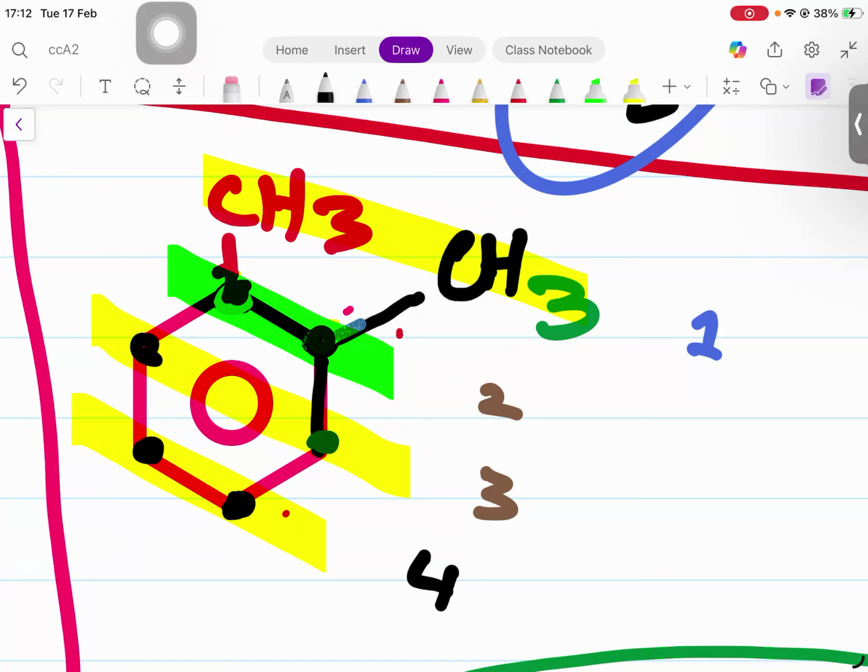The same and different. How is it the same? Can you explain? How is it different? Look at their neighbors. For 3, who is the neighbor? CCH3. And for 4, the neighbor is CCH3, which is further away. They are different. Their environment is different. Okay.